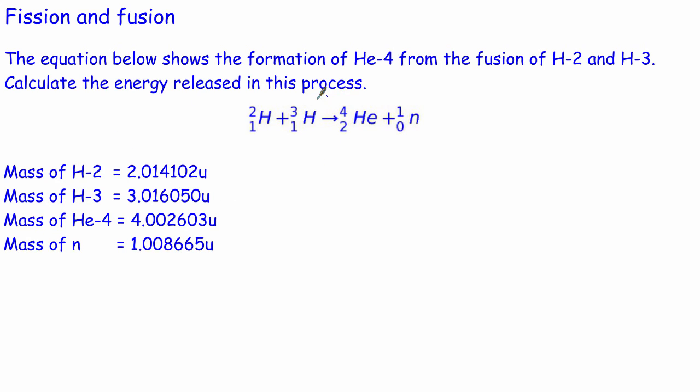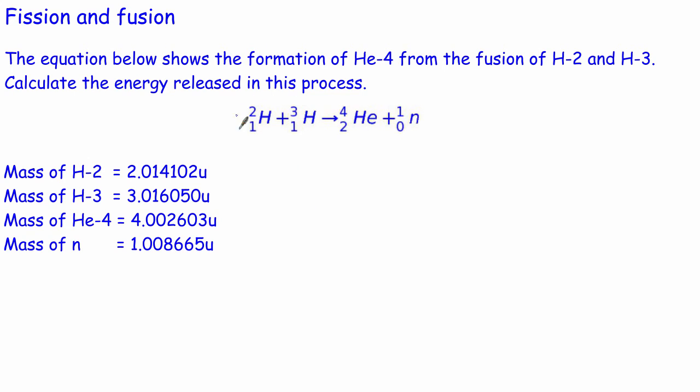So again, we want to know the energy released in this process. This time it's very slightly different, because instead of having the binding energies per nucleon, we're actually given the masses of these things. But the process is exactly the same as we saw in the last video. If we can work out the mass defect, in other words, the difference in mass between this side and this side, then we can go on and work out the energy that's released.